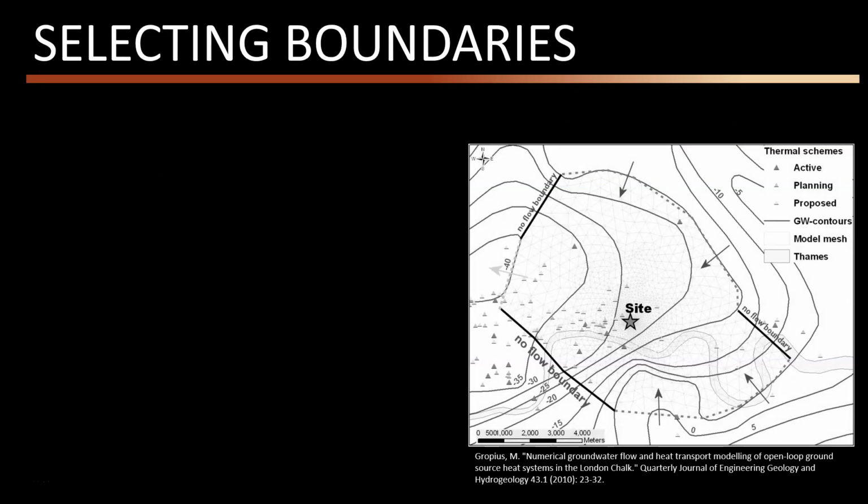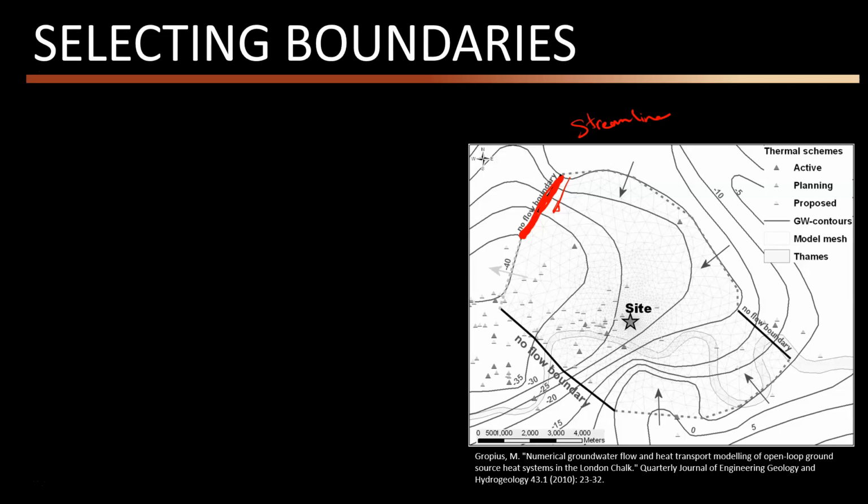Okay, let's look at this example again. So we said that we can define a no flow boundary condition here based on the streamline information, right? So why did I stop here? Why didn't I extend the no flow boundary condition to the boundary?